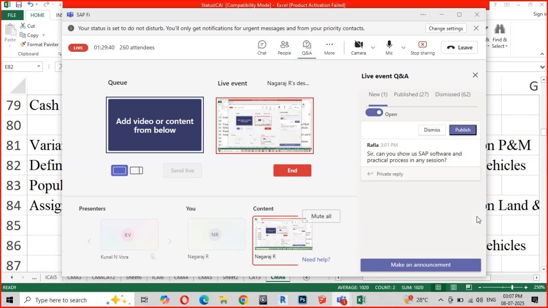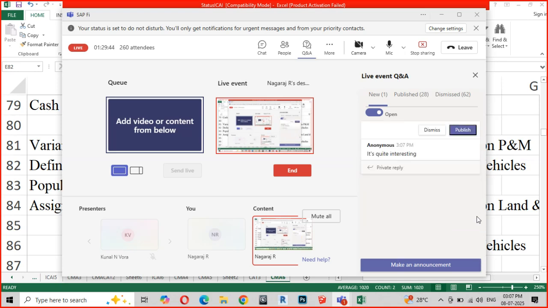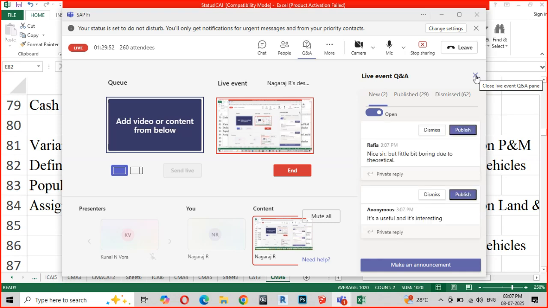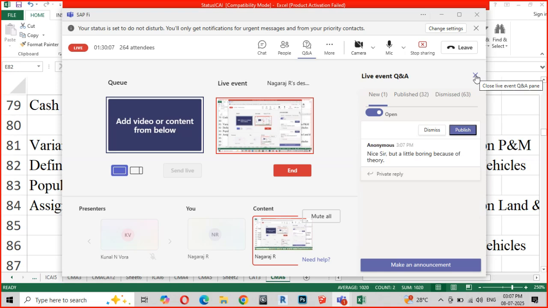Assignment probably may not be possible because you may not be in a position to take up the projects as of now. Yeah, I do understand, Rafia, I'm with you saying that it's a little boring because of the theory. But you will see how interesting this theory is once you really lay your hands on the SAP system.